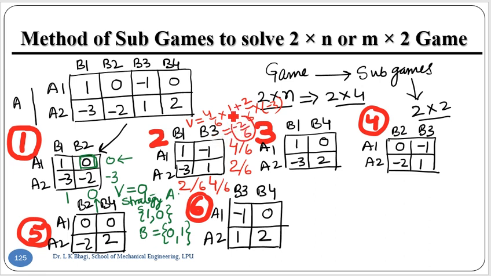And for the strategies, for player A, the strategy will be 4 by 6 and 2 by 6, and the strategy for player B will be 2 by 6 and 4 by 6. So this is the value and the strategies for subgame 2. We can write it this way.